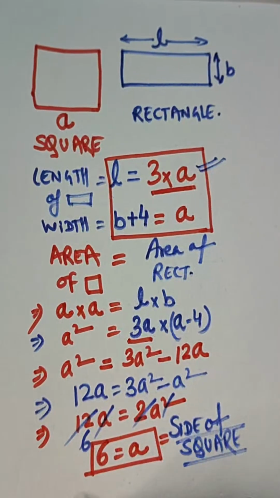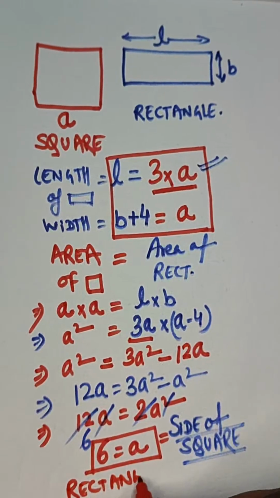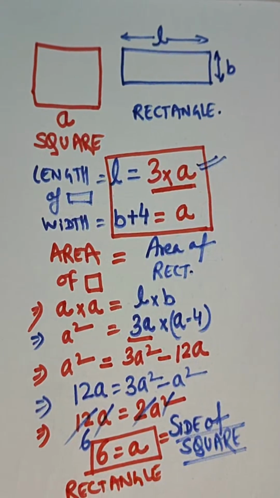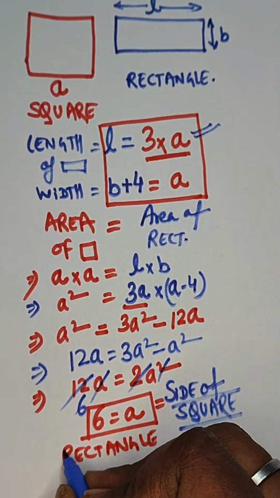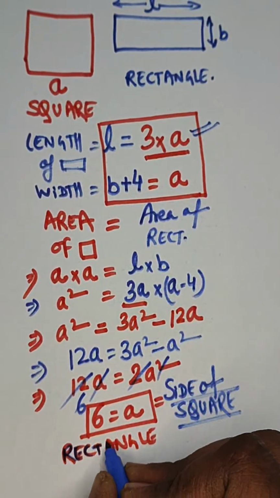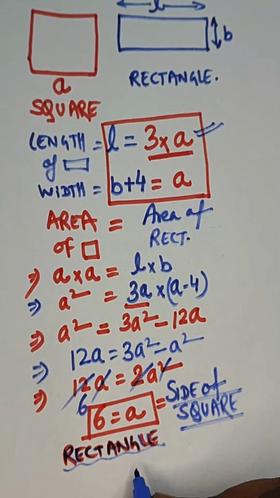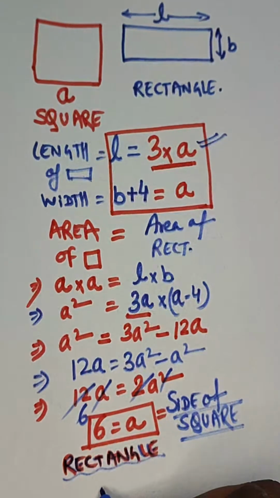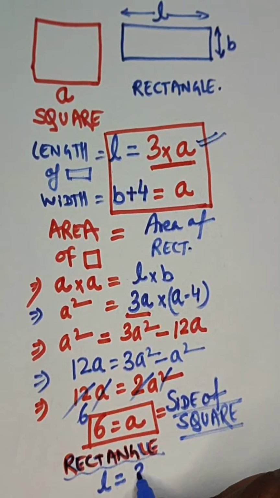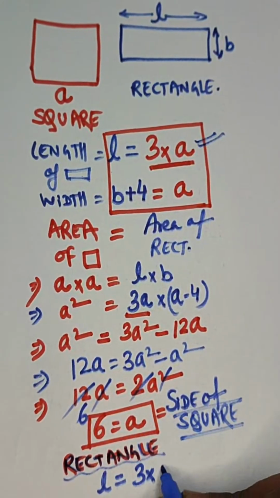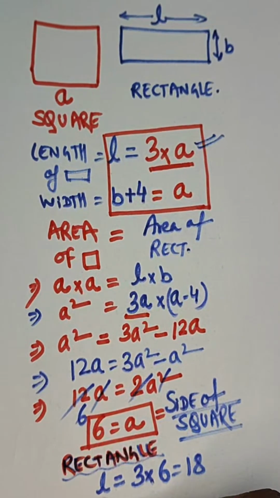So for the square it is done, and for the rectangle, what is the length? Length is equal to 3 into a. So that means 3 into the value of 6. This will give you 18. So 18 units is the length.